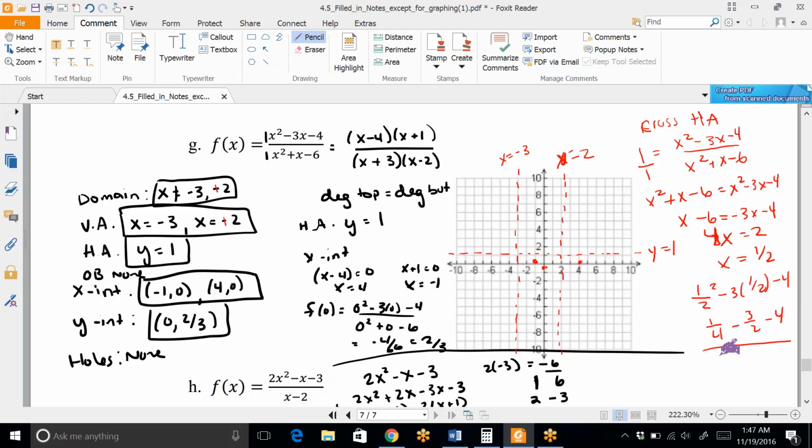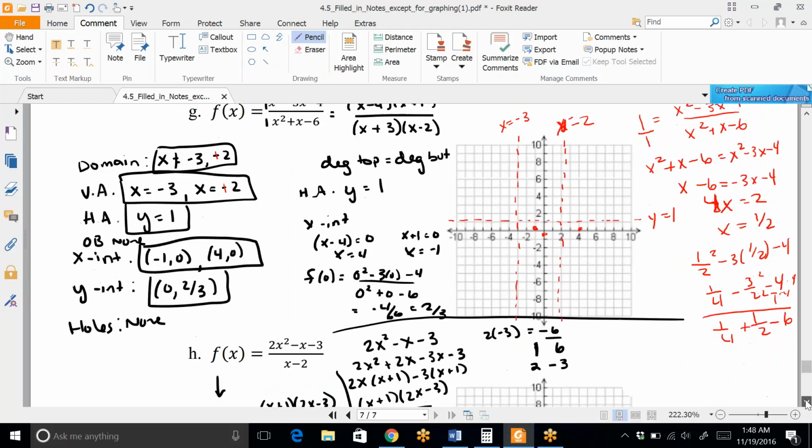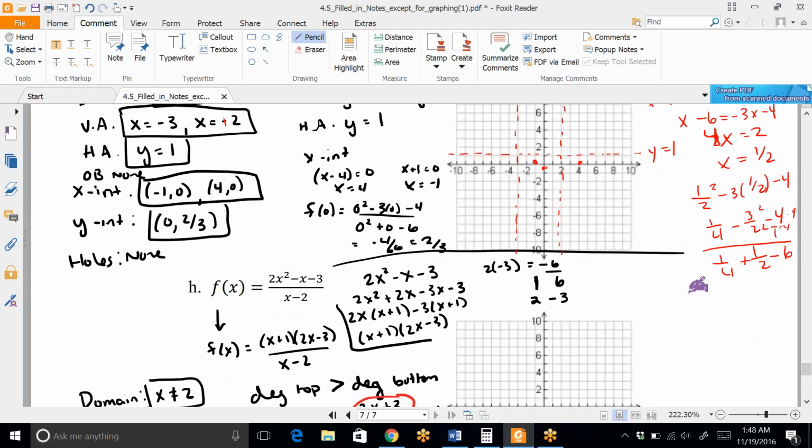My denominator would be 1/4 plus 1/2 minus 6. Getting a common denominator, this is times 2 times 2 times 4 times 4, because you can think of that being over 1. That would make that 1 minus 6 minus 16 all over 4.